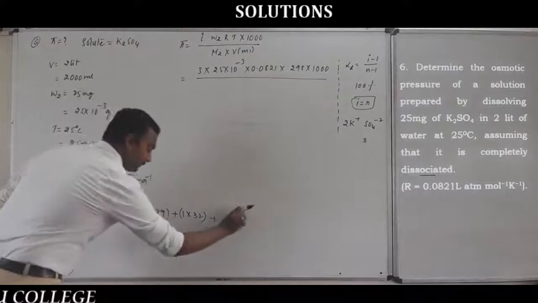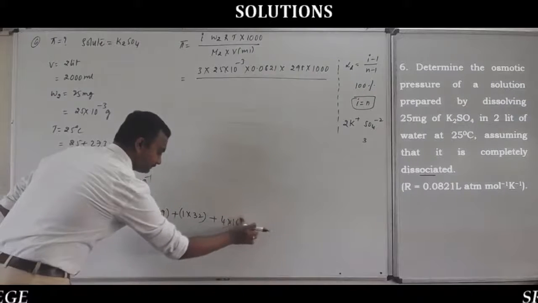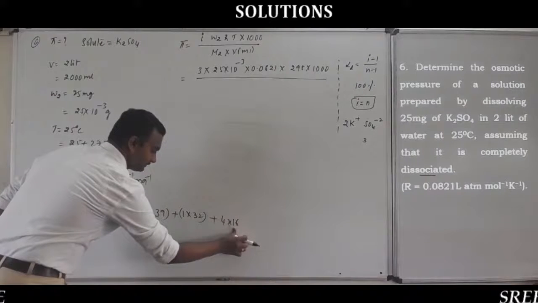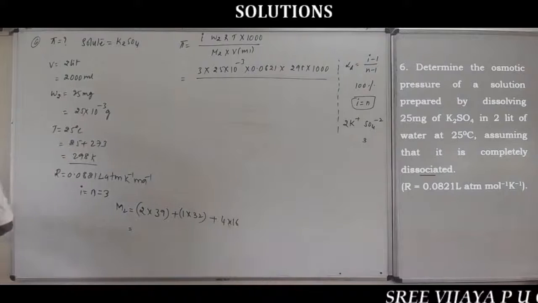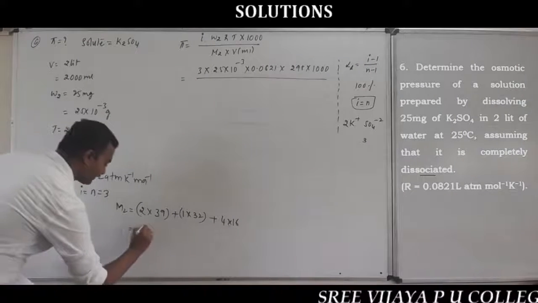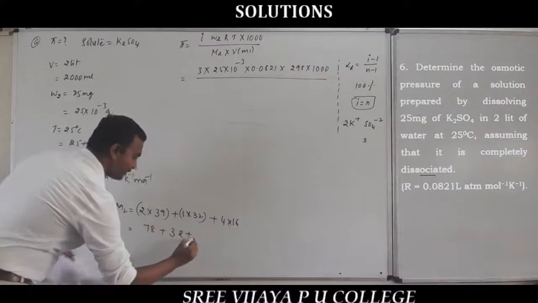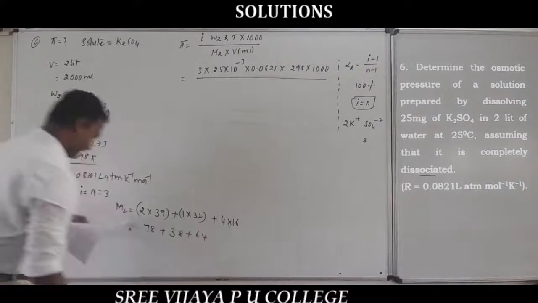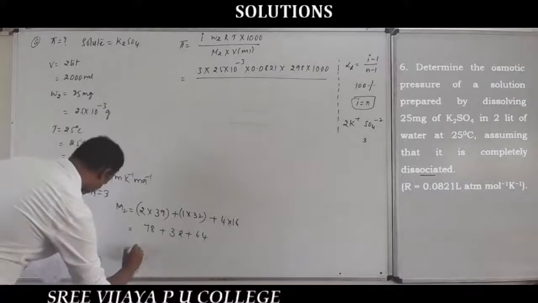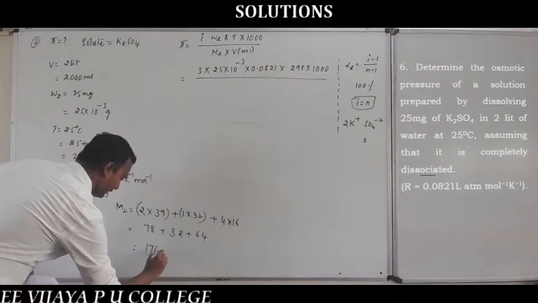Let's calculate the molecular mass. M2 is equal to 39 into 2 is 78 plus 32 plus 16 into 4 is 64. That is equal to 174 gram per mole.